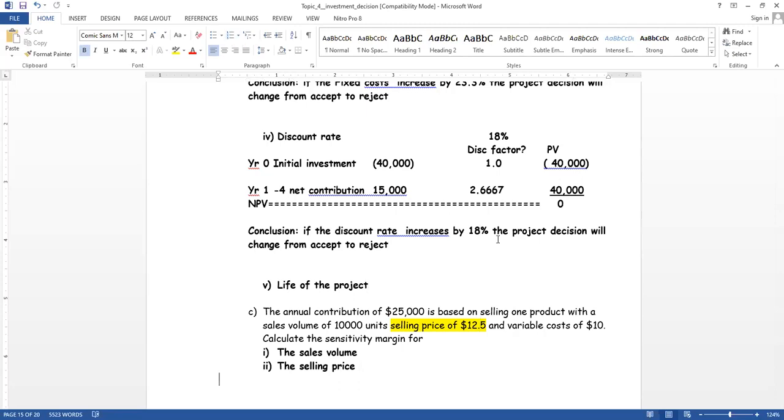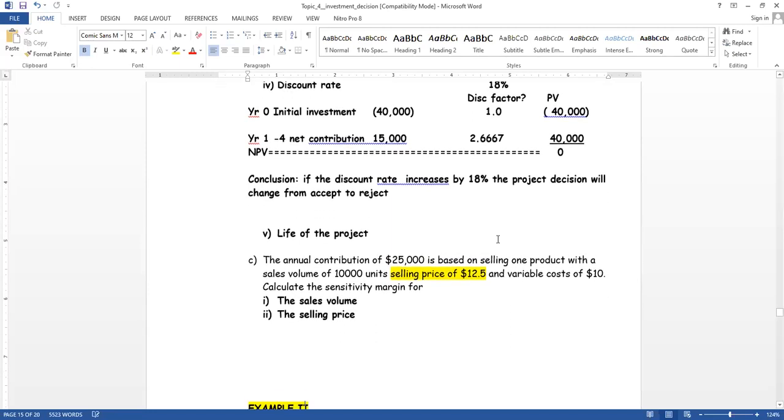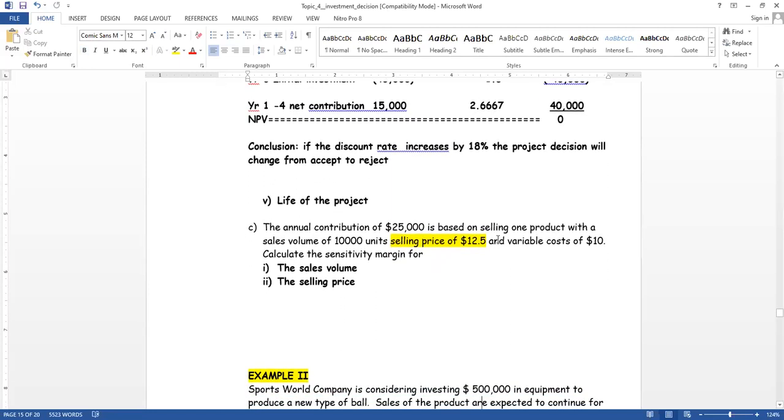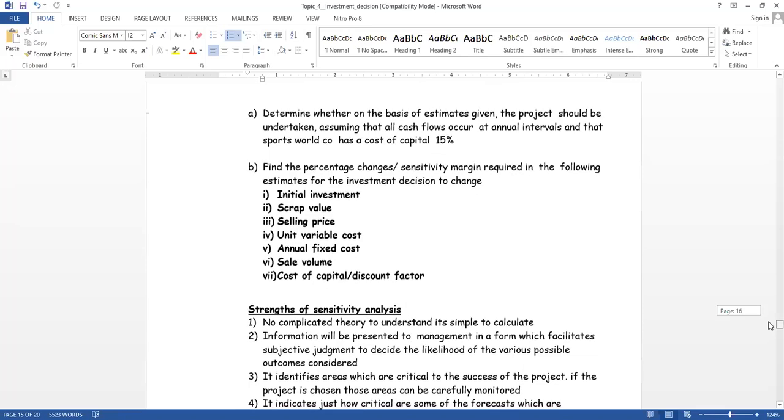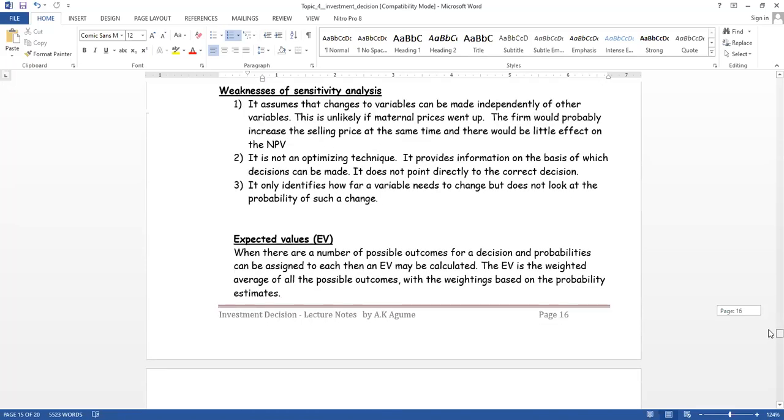Now I see it is 10. There are some people going for another class. So once we meet next week, we should be able to wind up with this life of the project. Actually, you can do part C, example number 2, because it is the same example.